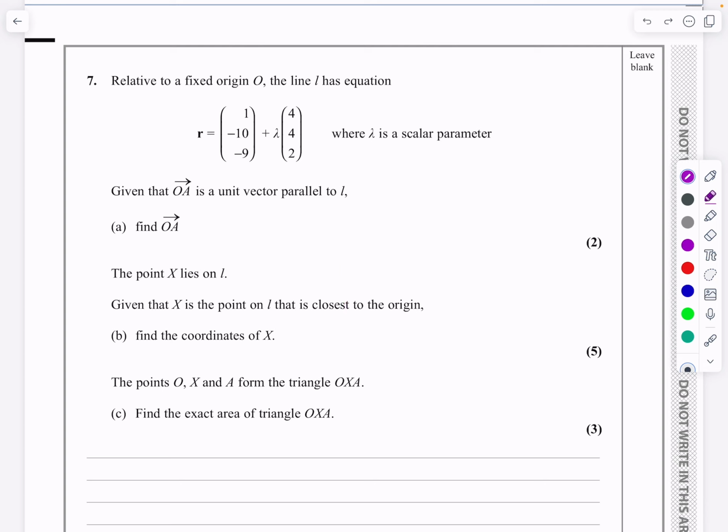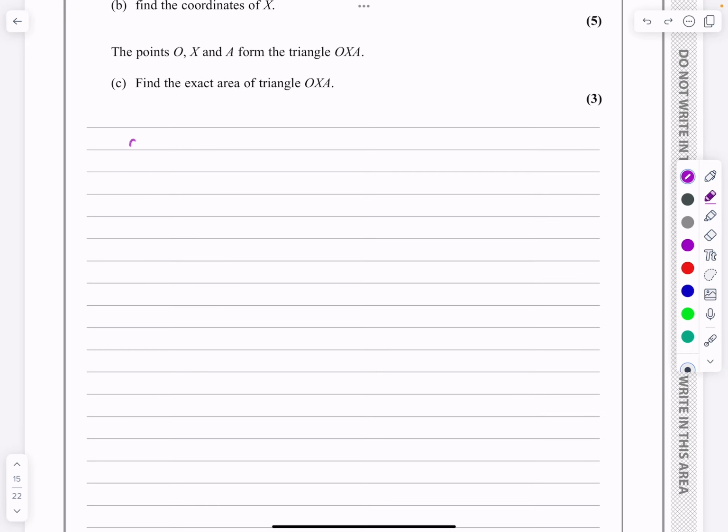It says we've got a line L, which is defined by r equals (1, -10, -9) plus lambda lots of (4, 4, 2). And then it asks me various different questions about it. Well, let's just remind ourselves of what that means. I wouldn't necessarily put this straight away as part of my answer, but by the time I get to parts B and C, I understand that I do need a diagram, so having drawn this in the first instance isn't necessarily that bad a thing.